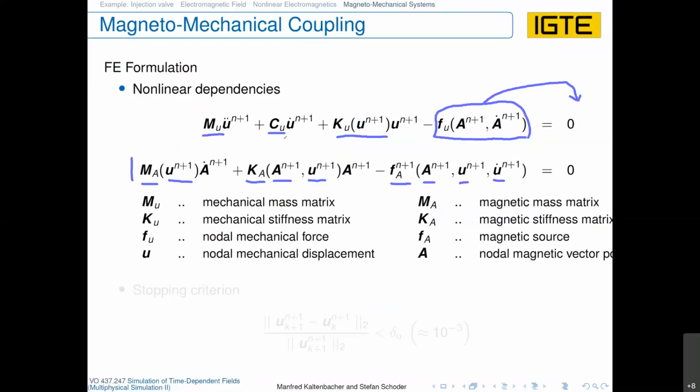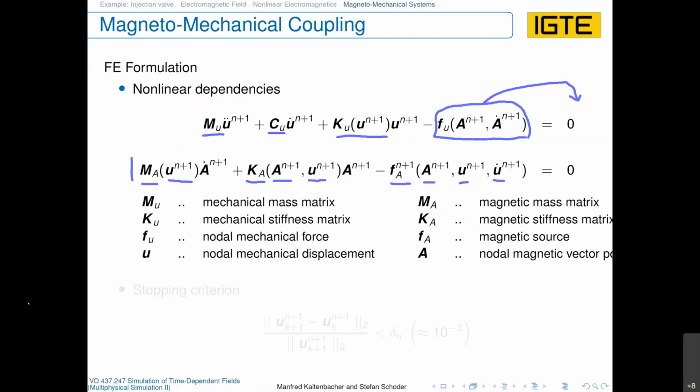Okay, so that also means now that when we solve for a time step this mechanical algebraic system of equations, we get a new deformed structure. And with the new deformation, we just try to redistribute this deformation within the air regions, and then again compute on these deformed meshes our magnetic field, get then a new magnetic field, compute the forces, go back to the mechanical equation, and so on.